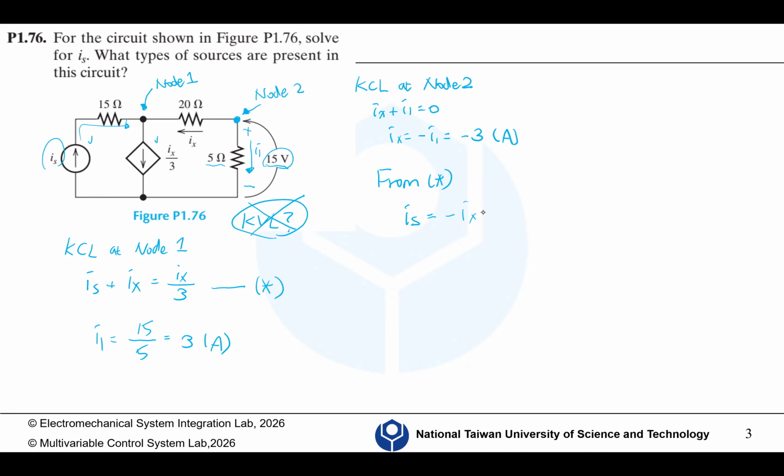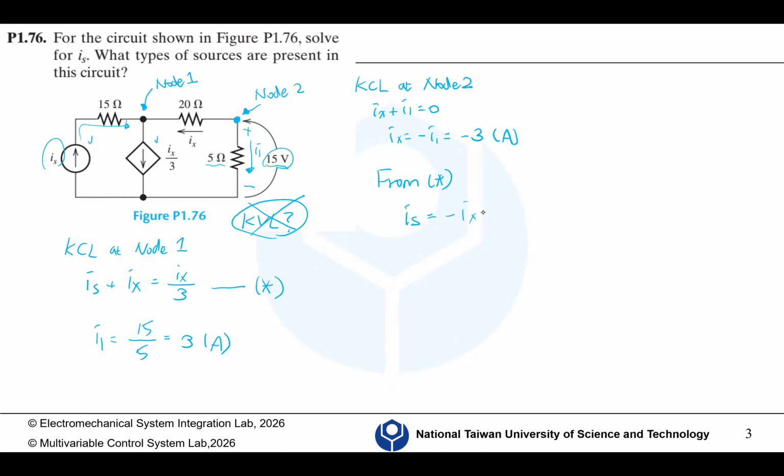Then we can define the mesh here. Right now we need to define the voltage based on the direction of I3. So this is positive, negative 6 times I3 minus I1.